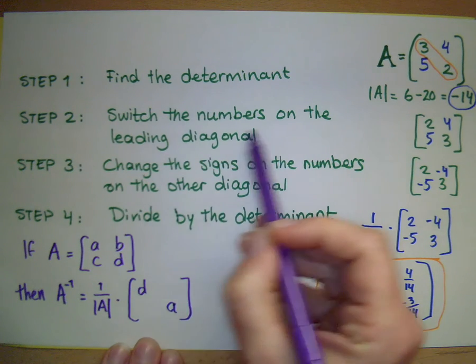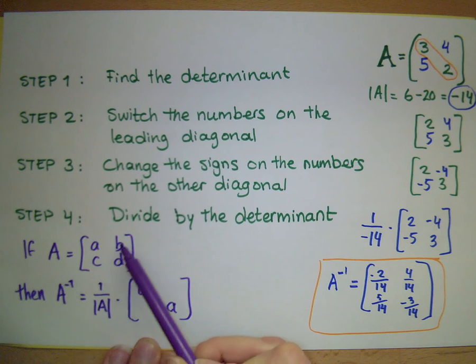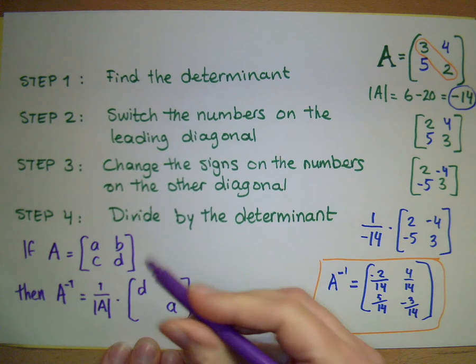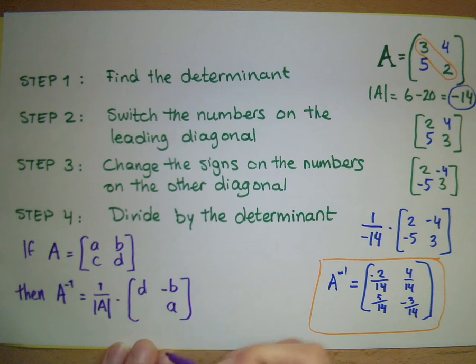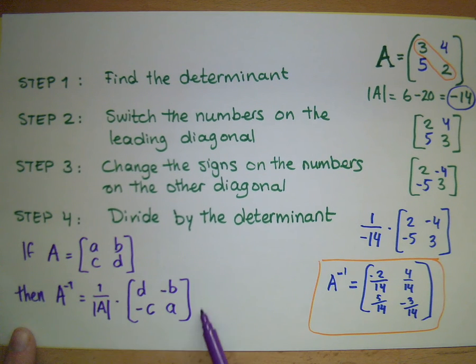Switch the numbers on the leading diagonal and change the signs on the other diagonal, so B and C stay where they are, except they get a different sign: negative B, negative C. And this gives us our inverse matrix of A.